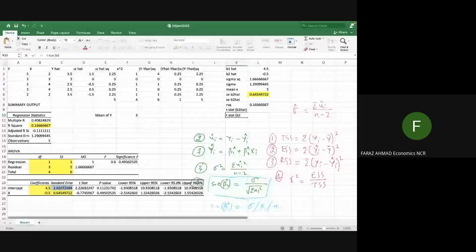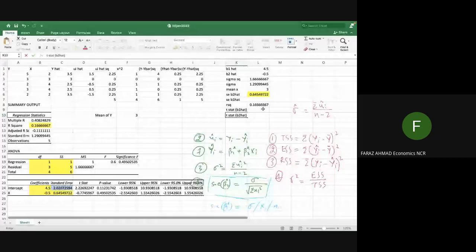So we have a t statistic, and it is very simple to calculate t statistic using the formula that we discussed. So I'm writing t stat, and I'm writing beta 1 hat, and then I'll be calculating t stat of beta 2 hat.